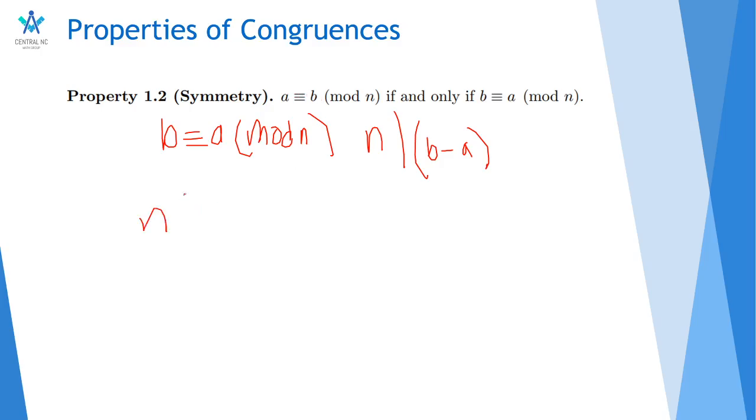That means that n must divide A minus B. However, we can write A minus B as negative (B minus A). So this is equivalent to saying that n divides into negative (B minus A). Since we know that n divides into B minus A, this holds. So thus we have proved property 1.2.